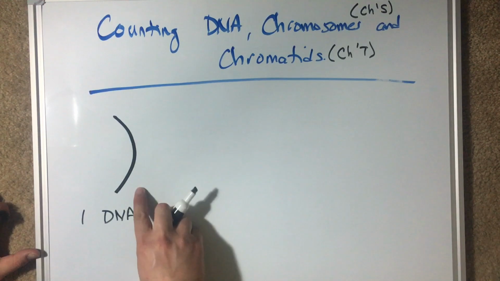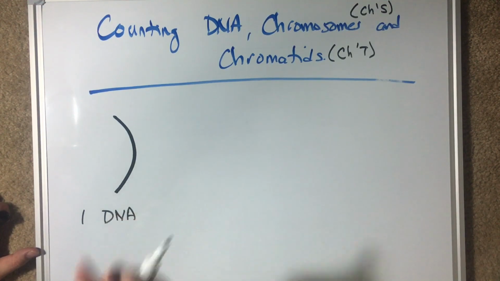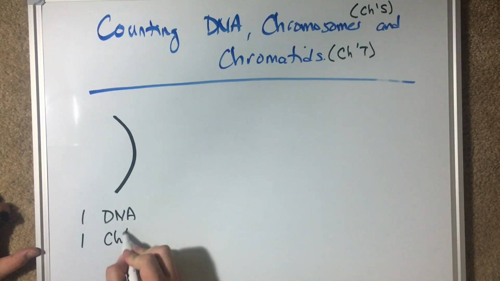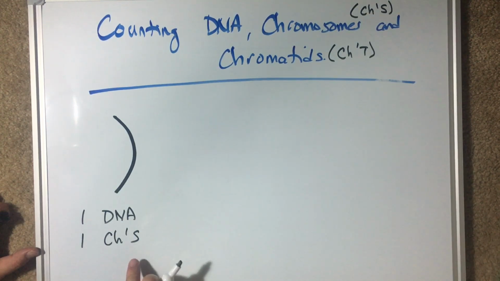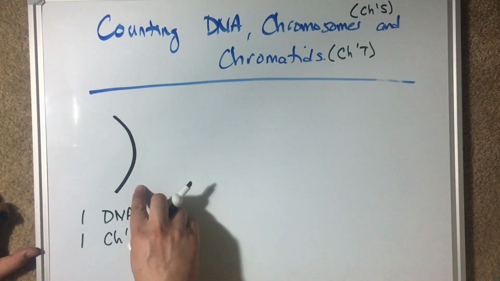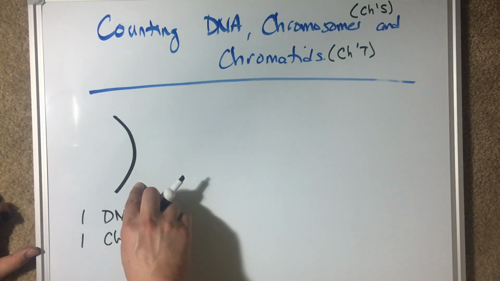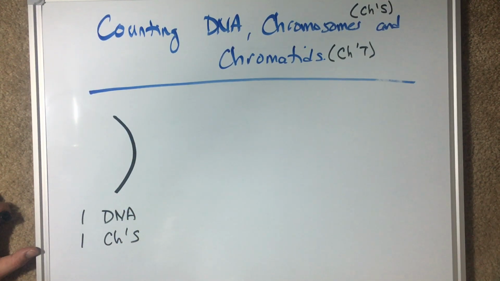All right, so we have here one DNA molecule. When we're talking chromosomes, we also have one chromosome. And the reason why I like to think of one chromosome as being like one entity of DNA. And we're going to get to this concept a little bit later.